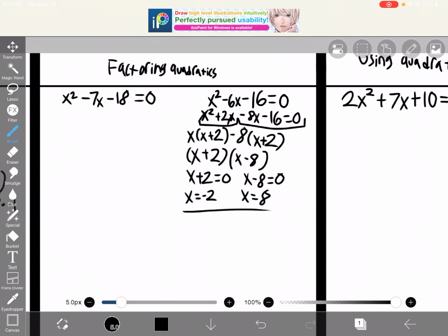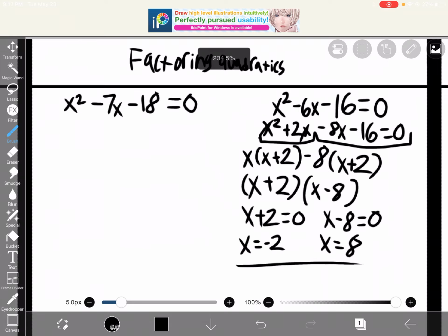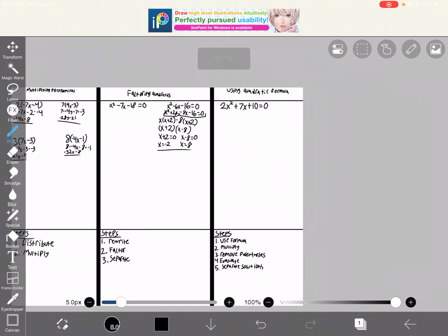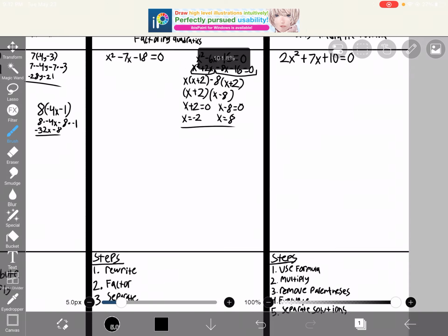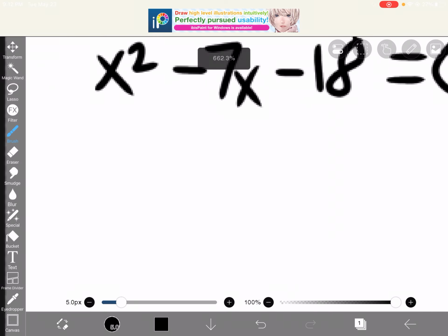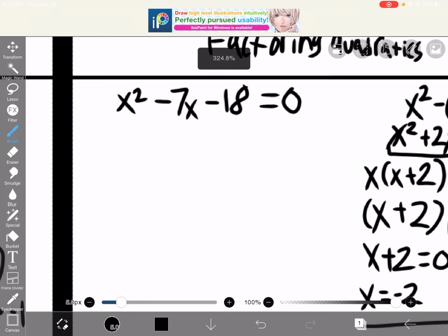Now we can do the same process on this one as well. There is 5 steps and only 3 steps here, but that's because I just wanted to add extra work. Now we have to factor this out, which we're going to do something similar.